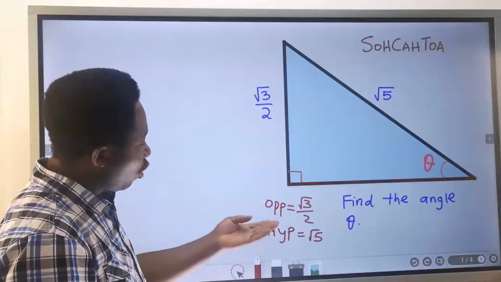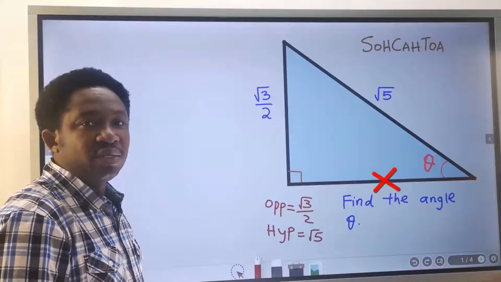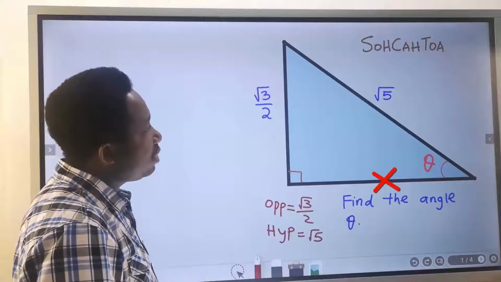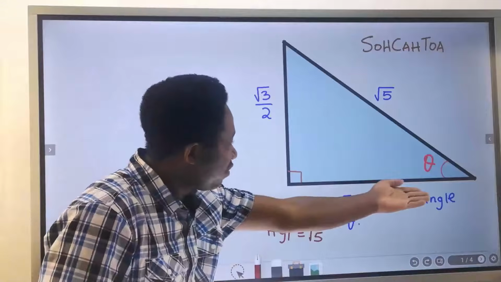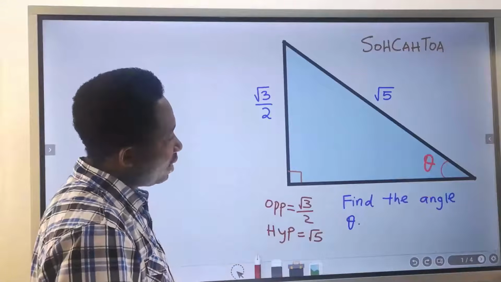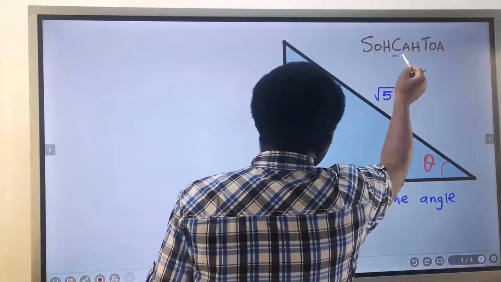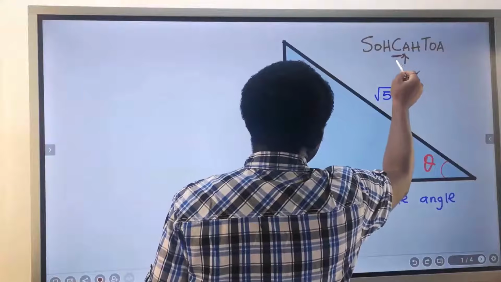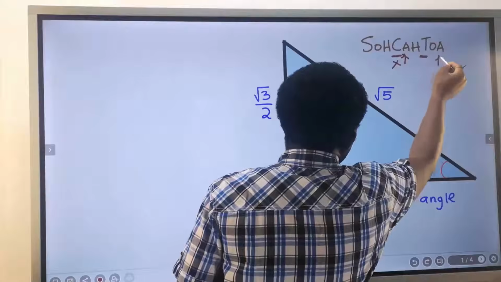Here we have the opposite and the hypotenuse. We don't know the adjacent. We can only use Pythagoras theorem if we are looking for this side. But our aim is to find this angle. Cos has adjacent. I will not use cos. Tan has adjacent.